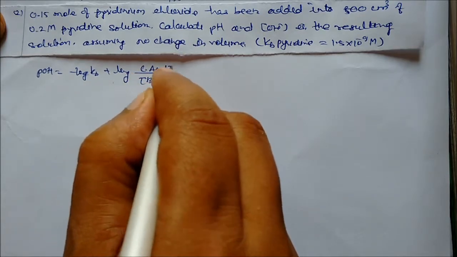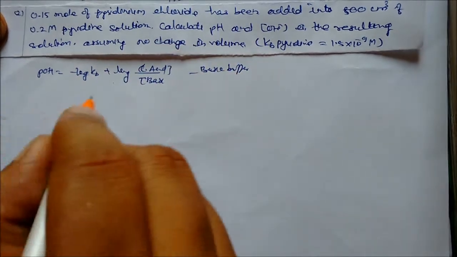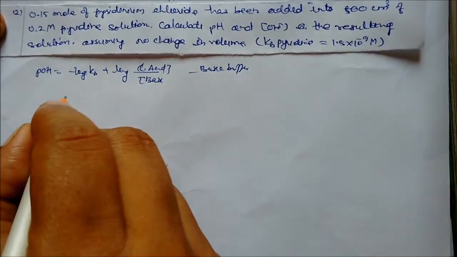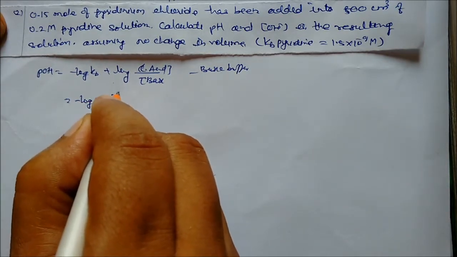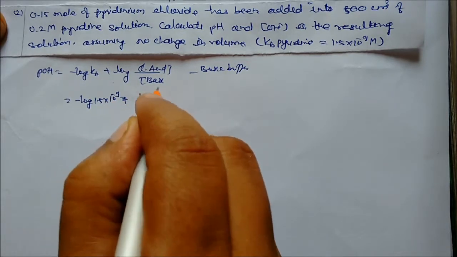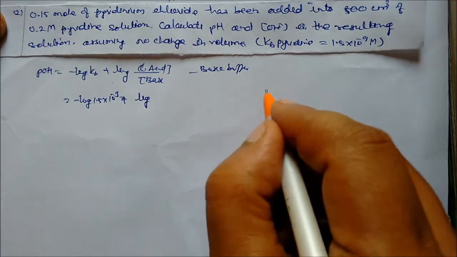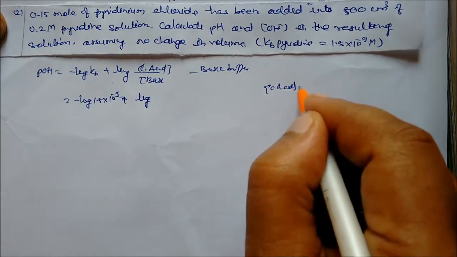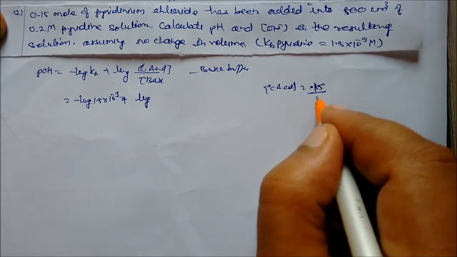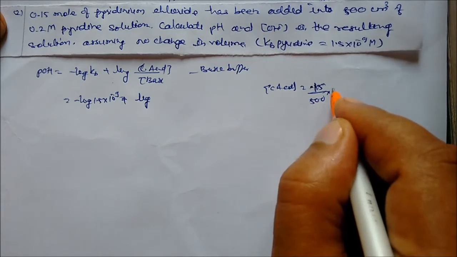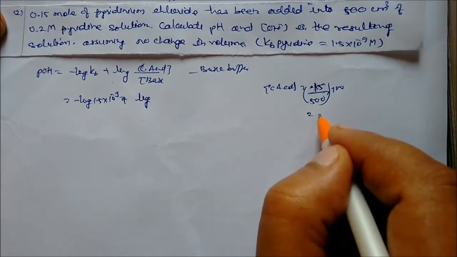So we write minus log of 1.5 into 10 to the power minus 9, and again plus log of the conjugate acid, which is nothing but pyridinium chloride. So the conjugate acid is 0.15 divided by 500 into 1000, mole by volume, so the answer will be 0.3.